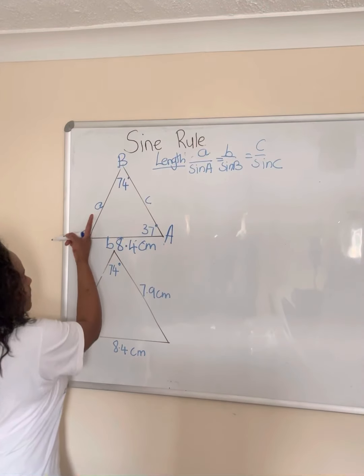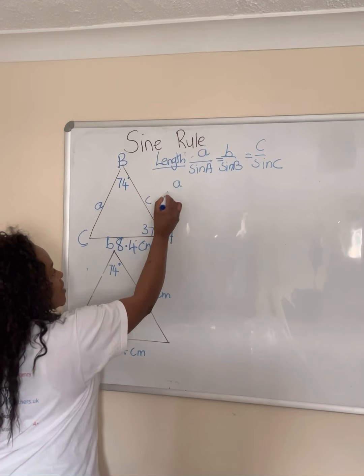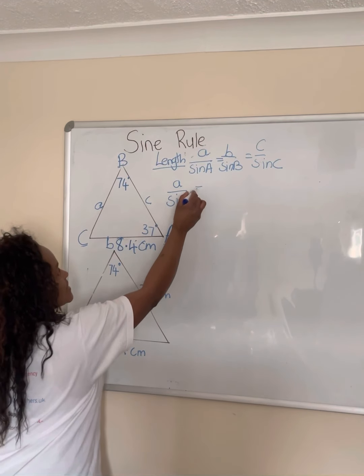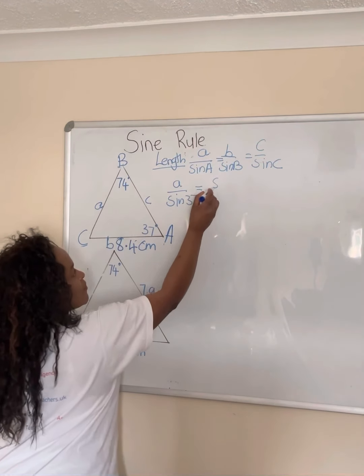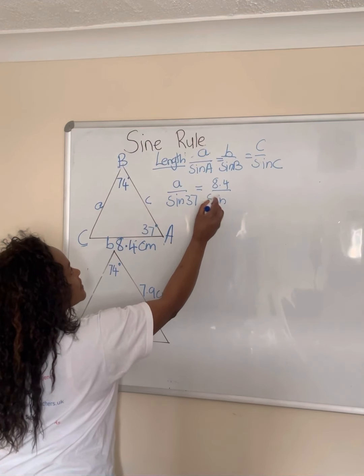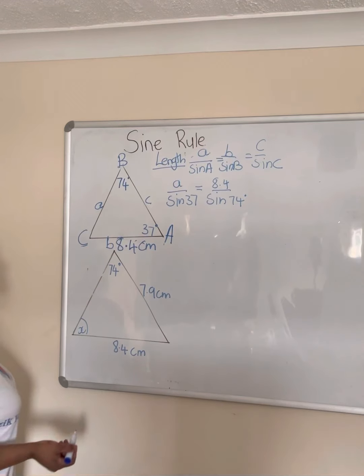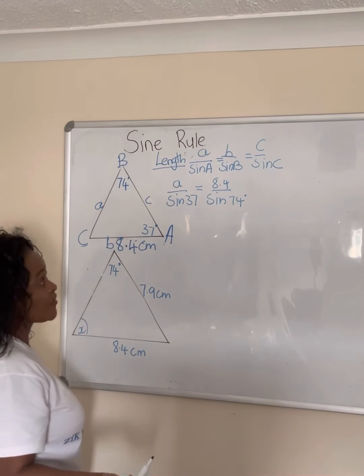So here, I'm calculating A. Which means my A over sine 37 is exactly the same as B, which is 8.4, over sine 74. So what I've just done is plugged my numbers into the formula.